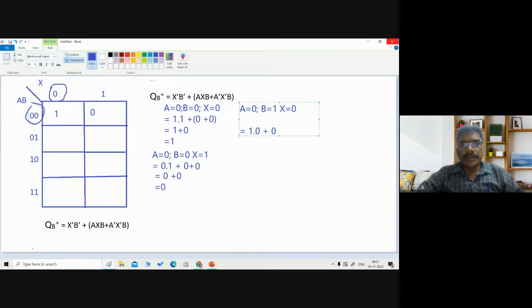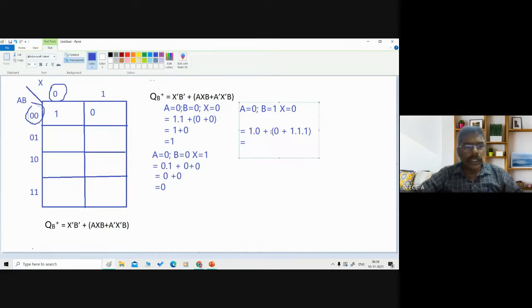Second portion is a dash equal to 1. Okay, a dash equal to 1, x dash equal to 1, x equal to 0 so x dash equal to 1, and b value is 1. So we are getting the second portion. Okay, so we can put in the bracket.